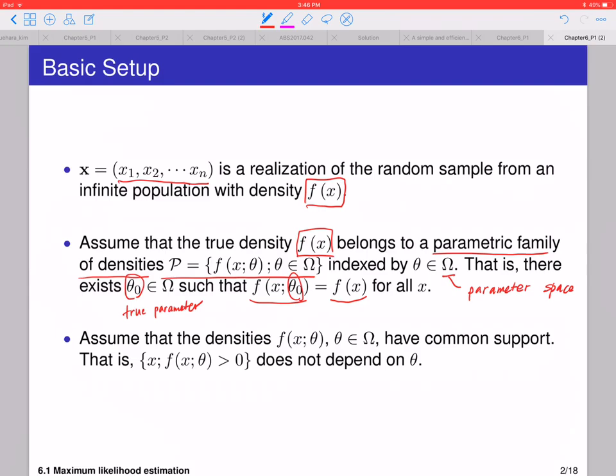Also, we will assume that the densities have common support. That is, the support of the random variable x does not depend on zeta.